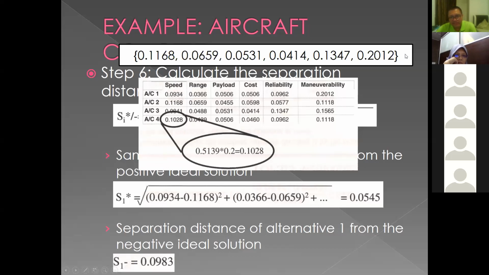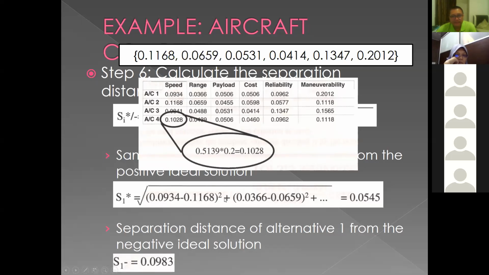Positive ideal solution is up here from the previous slide. So 0.0934 minus 0.1168. And then you square their values.